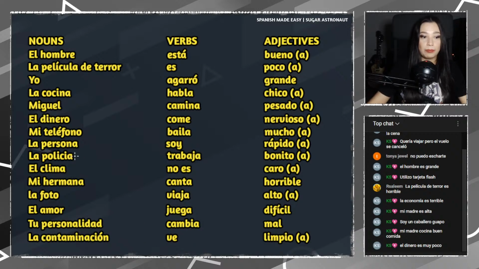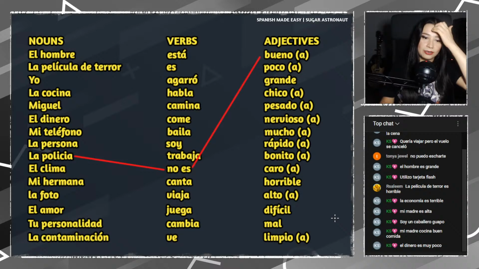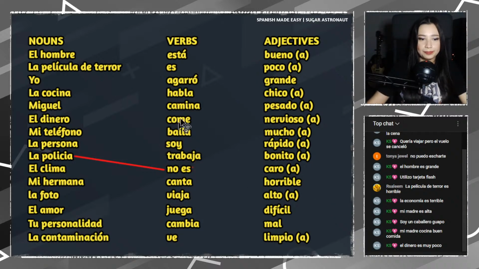The next one is policía. La policía no es, technically, you could say buena. La policía no es buena. Maybe the police is not doing a good job or something like that. So you can say the police is not good, it's not doing a good job.